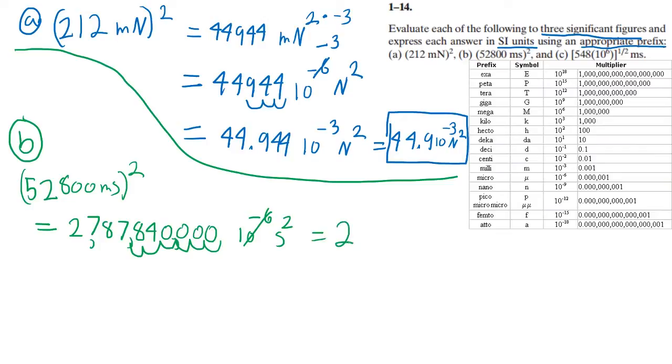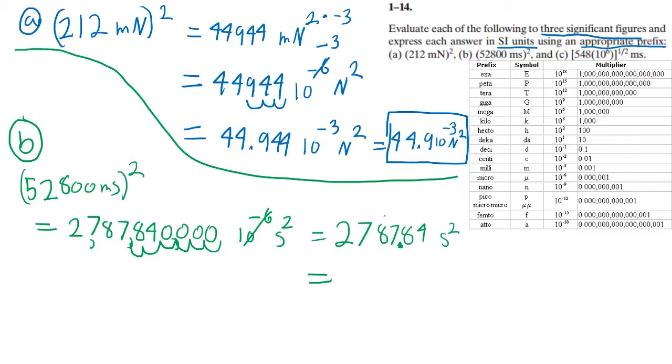That's going to be 2,787.84, and our decimal place is going to be right between the second 7 and the 8. And look at that. But hold up. You might notice this decimal needs to be over more. So we're going to keep the seconds.